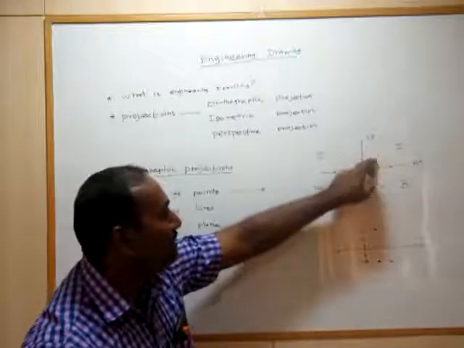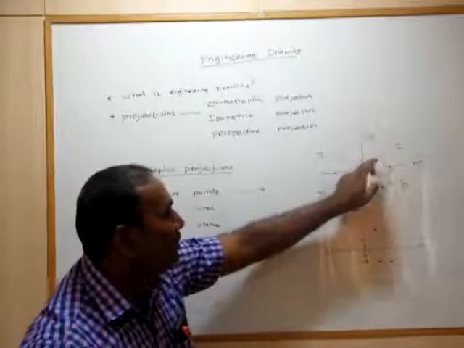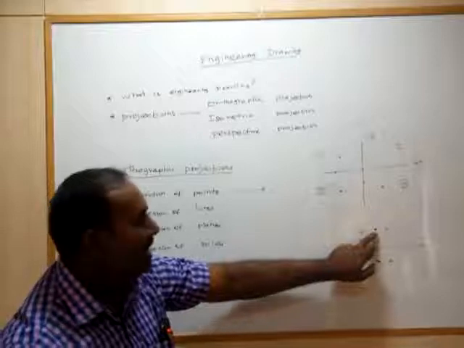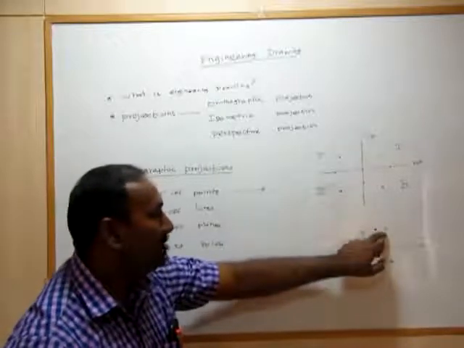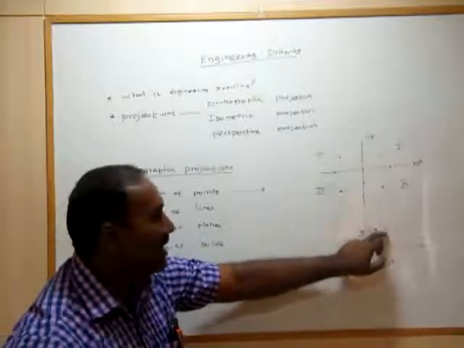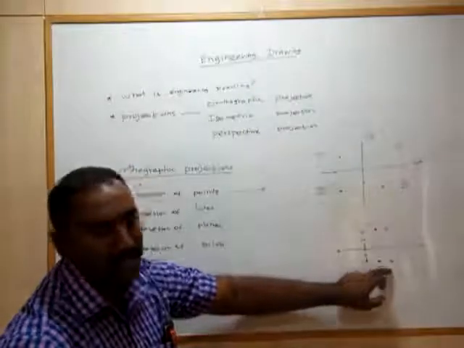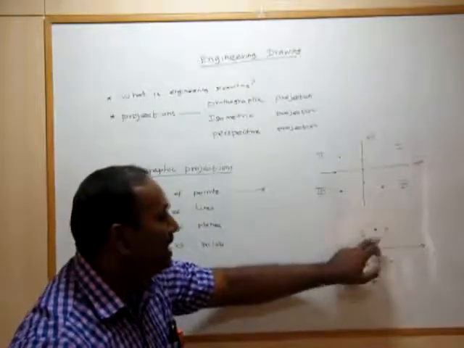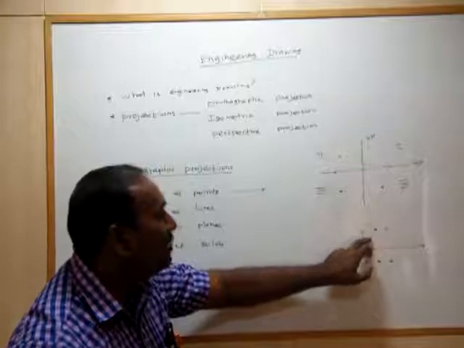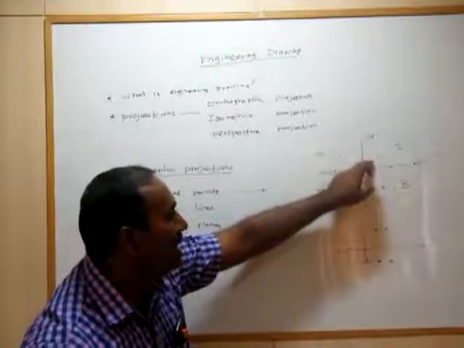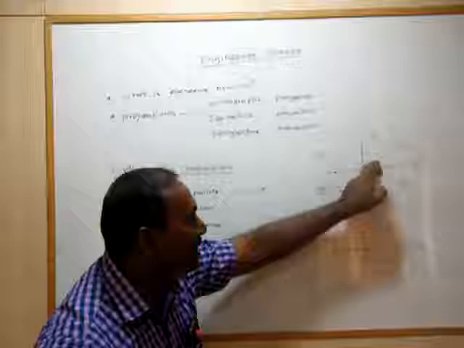In orthographic projection, the front view looks like this. This is A dash. The notation for the front view is A dash and the notation for the top view is A. Here the point A lies 10 mm above HP and 5 mm in front of VP.